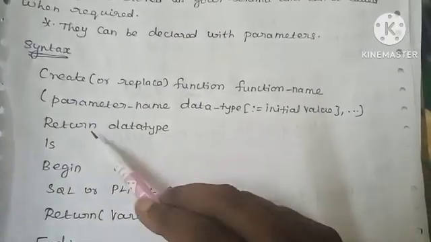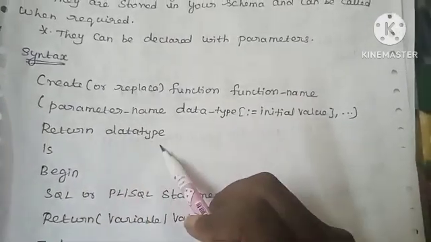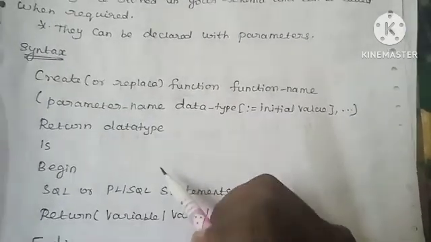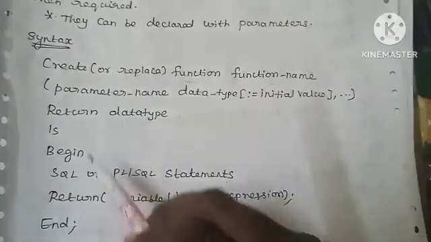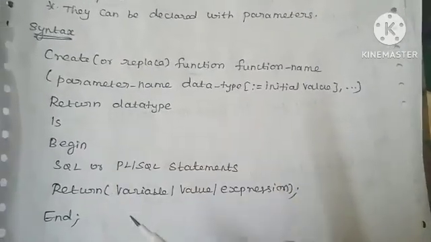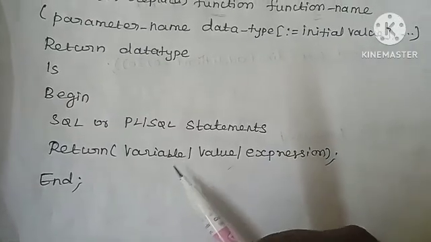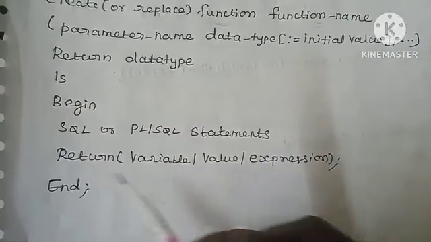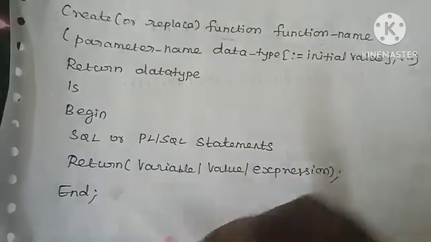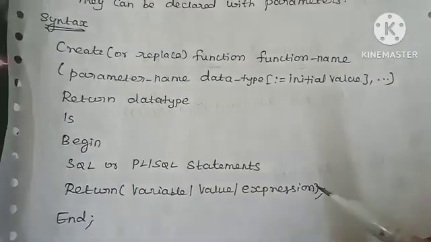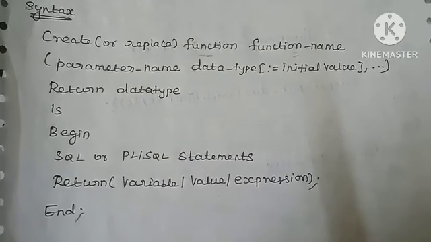In a procedure there is no return data type, but in functions we write the return data type. That's the only difference. Then the IS keyword, then SQL or PL/SQL statements, then RETURN a variable, value or expression, and then END. This is the syntax for creating the function.